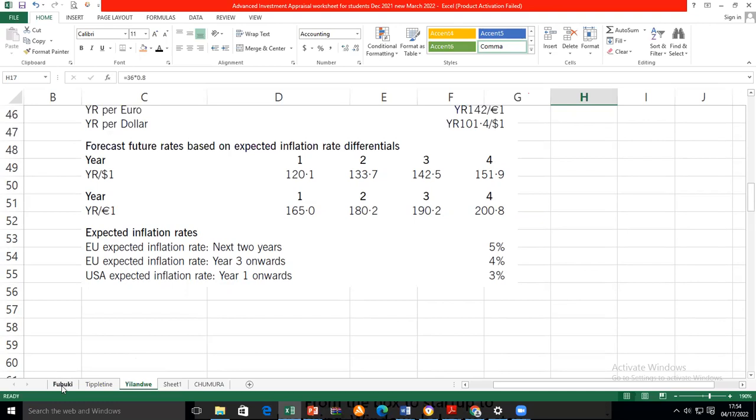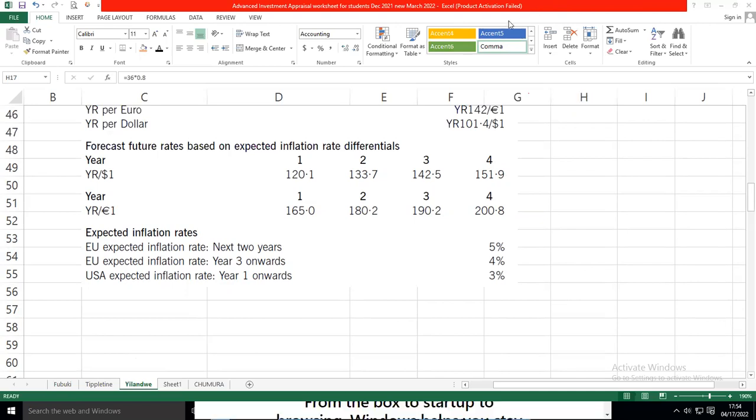If you notice where I'm scrolling down here, it's the same worksheet, so you find all this on this worksheet. You're going to capture it in this same worksheet, so there's nothing to panic over. That's for Fubuki. That's Yilandwe. There's even another company there as well.